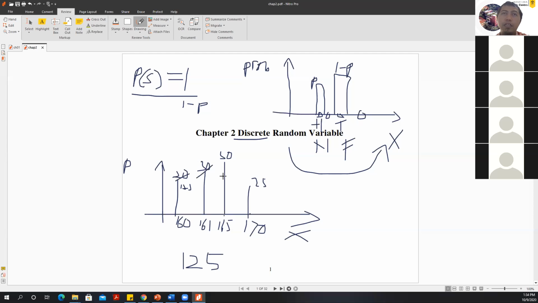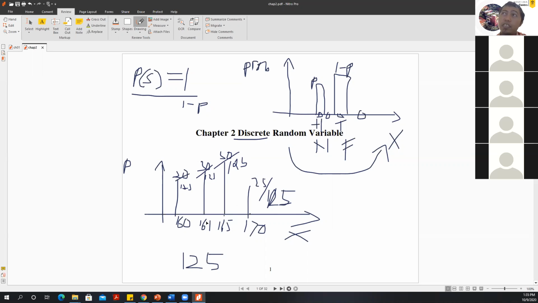Also, the probability is divided by 125. Also 125. Also, this is 125, right? The probability. Okay.